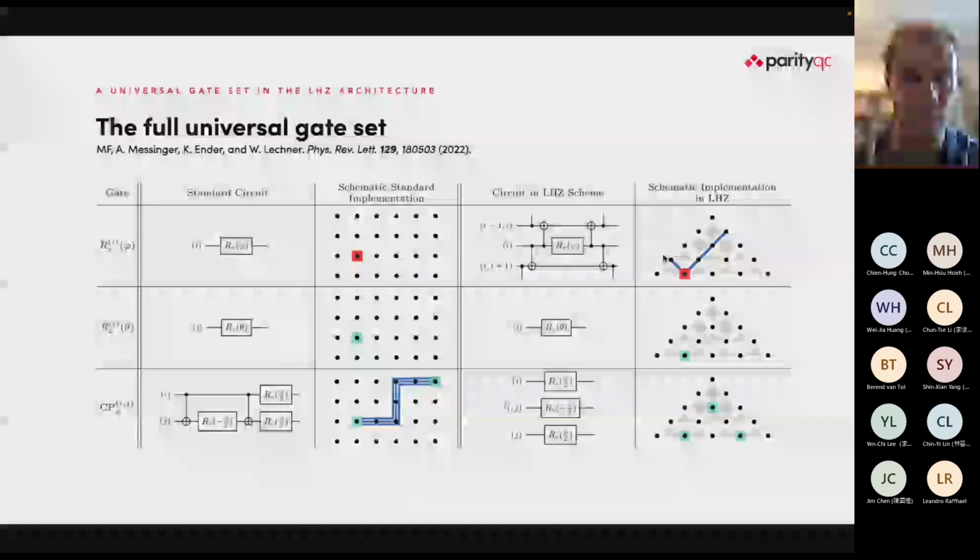A z rotation on a logical qubit also stays a single qubit rotation in the LHZ frame. And the z phase gate, and this is now the crucial point, was complicated before, potentially requiring swap gates, which are here represented by these triple blue lines. And now this is very simple, just parallel rotations on 3 independent physical qubits.